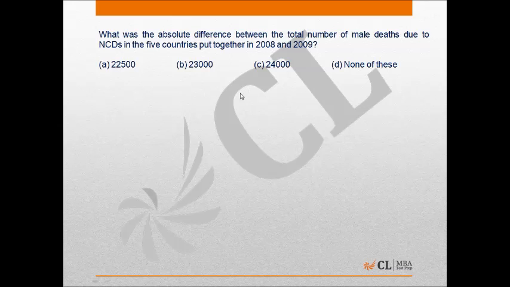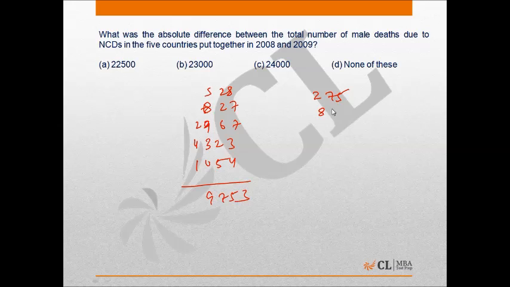It is 528 plus 827 plus 2967 plus 4323 plus 1054, which is equal to 9753, and the same in 2009 is 275 plus 8950 plus 3160 plus 4195 plus 1150, which comes out to be 9730.